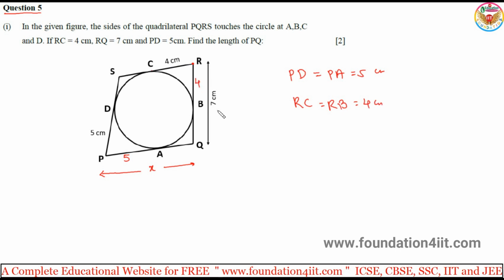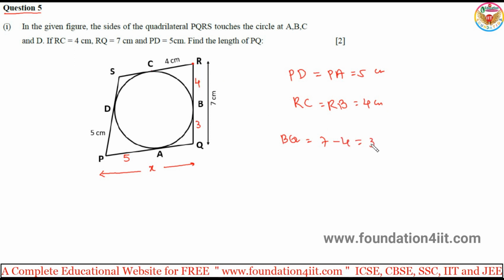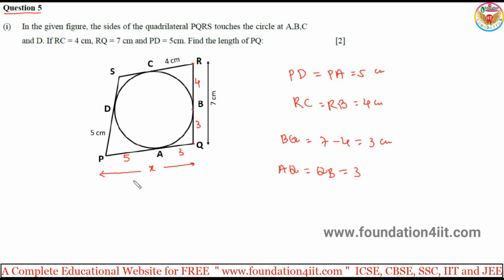Totally 7, then we can find out BQ is 3, because 7 minus 4. BQ is equal to, from the entire 7 centimeters, this RB is subtracted, remaining is 3 centimeters. Then AQ is also 3, right? Because AQ is equal to QB, external point. Q to A and Q to B are the same, so that is equal to 3 centimeters.